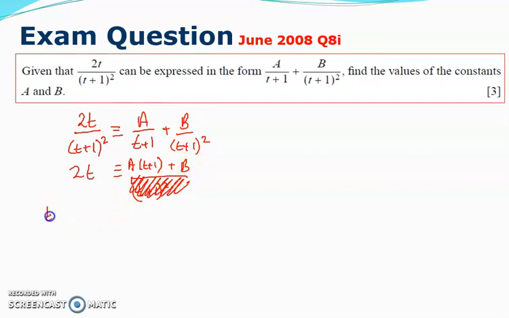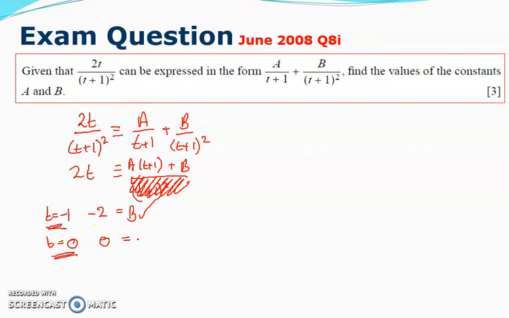So set t equal to minus 1, because that will make this bracket equal to 0. So the left hand side is minus 2. That disappears, and that equals B. So I now know B already. Pick a value. I told you last time to use t equal to 0. Now if I use t equal to 0, the left hand side gives me 0.